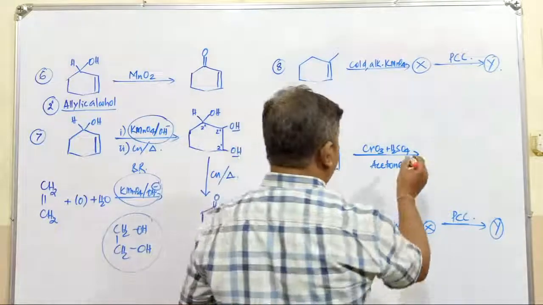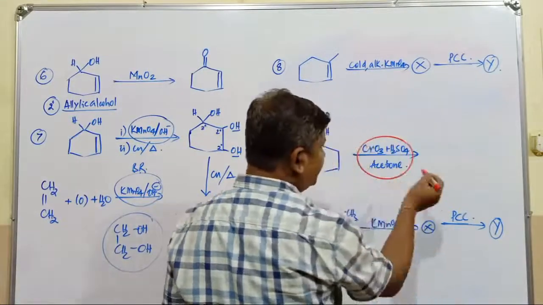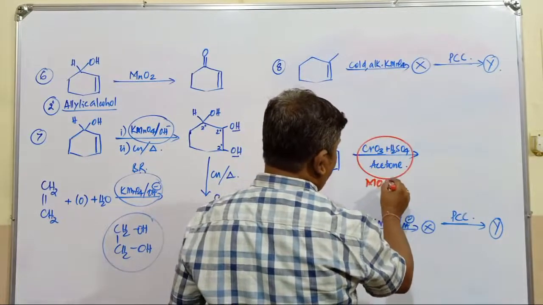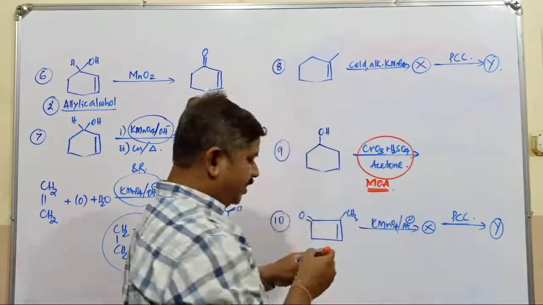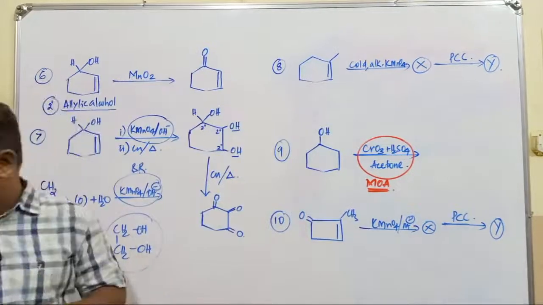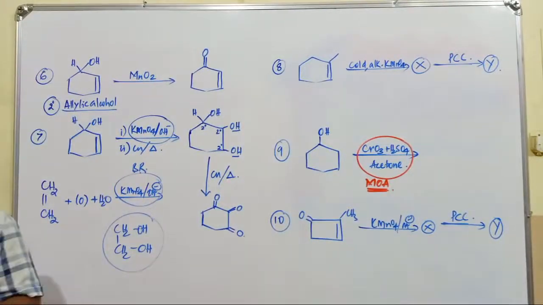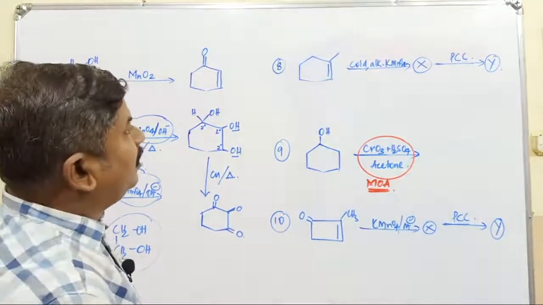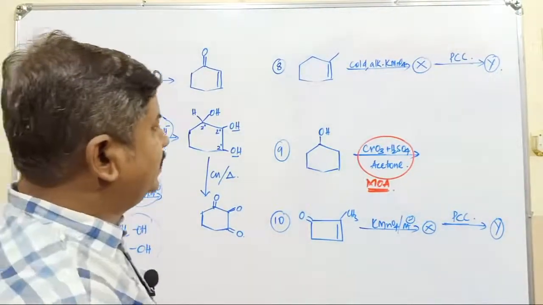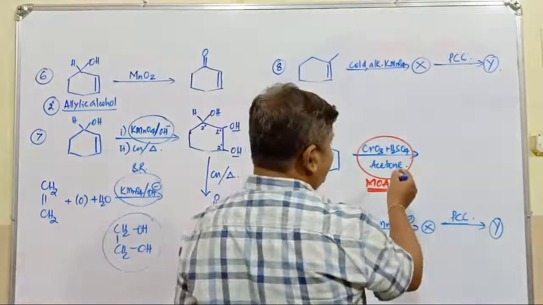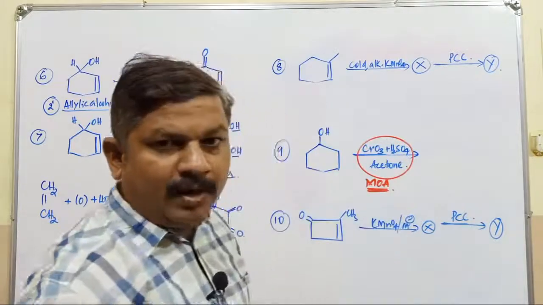This mixture of CrO3 and H2SO4, I have already mentioned, is one of the mild oxidizing agents. What is the role of a mild oxidizing agent? You know very well. This mild oxidizing agent converts primary alcohol into what?